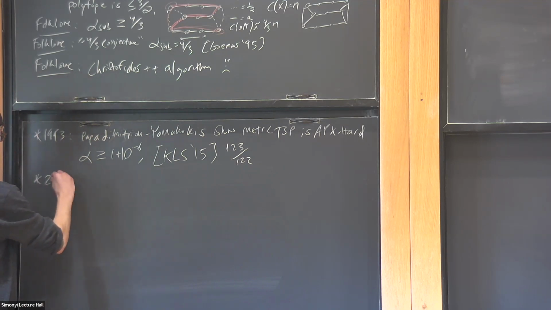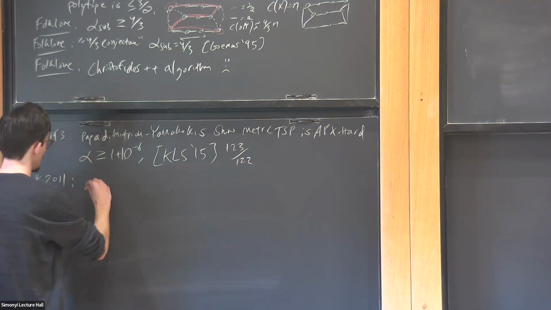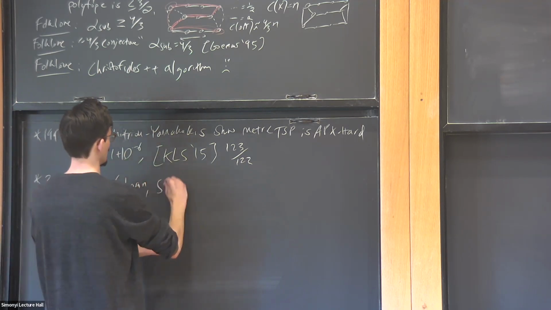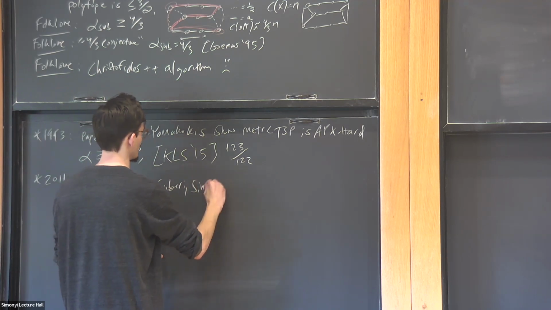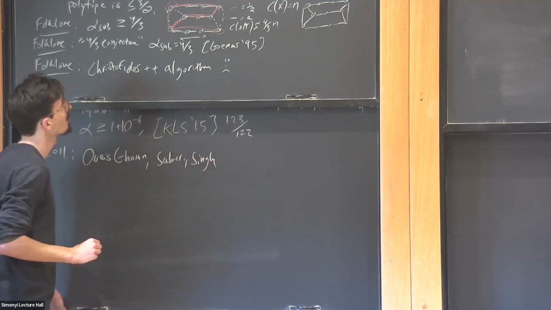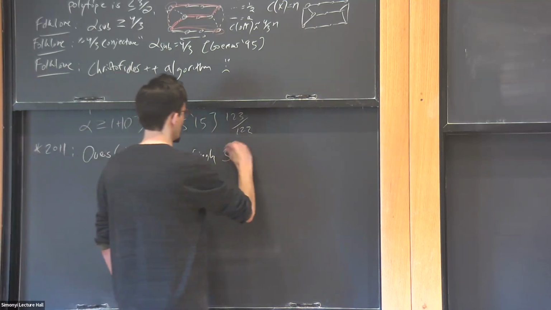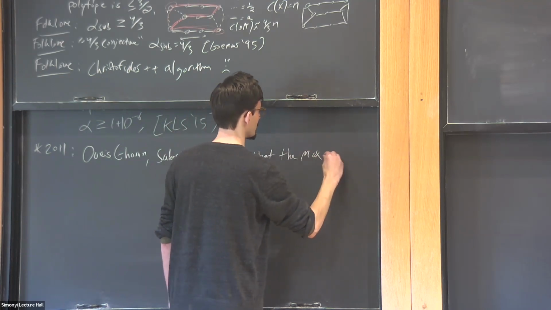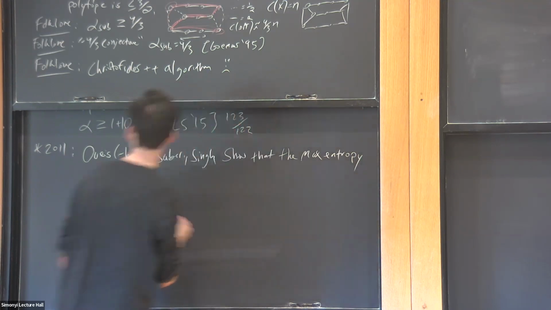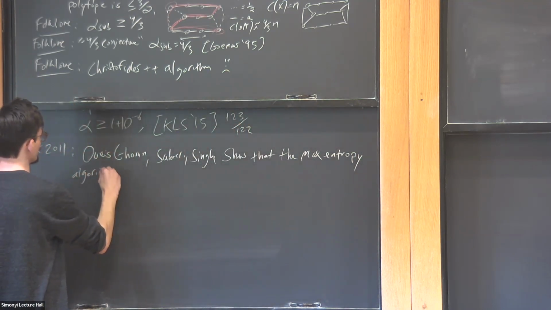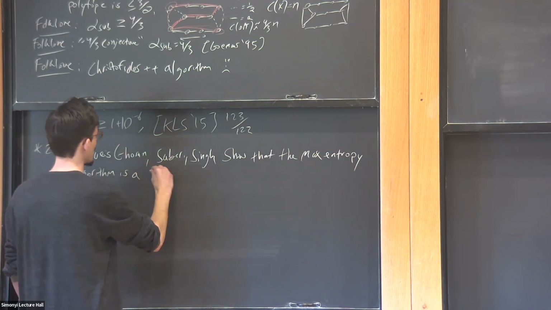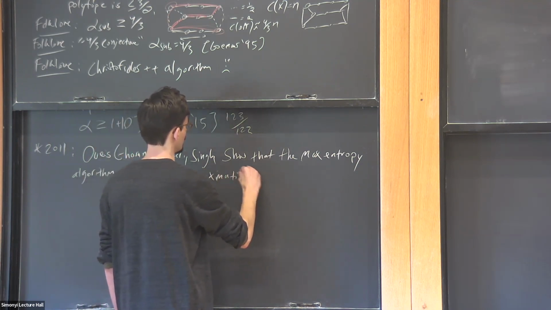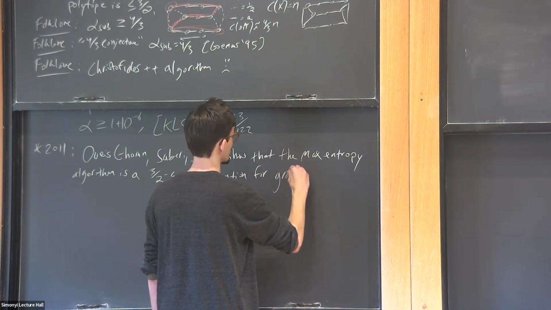Okay, so in 2011, Oveis Gharan, Saberi, and Singh showed that the max entropy algorithm is a 3/2 minus epsilon approximation for graphic TSP.